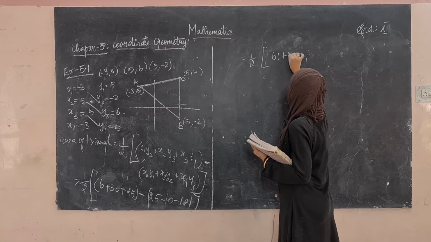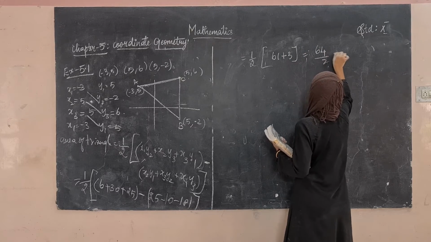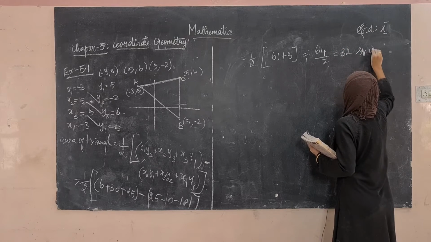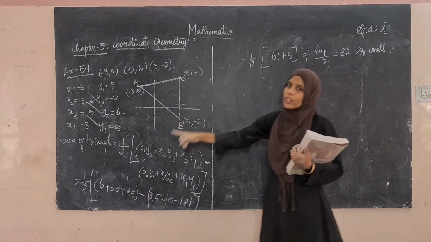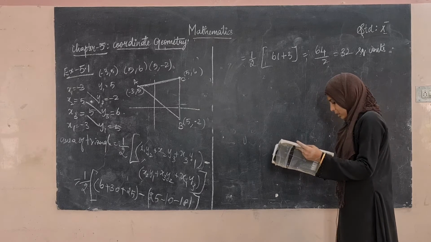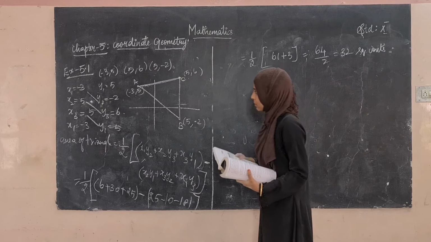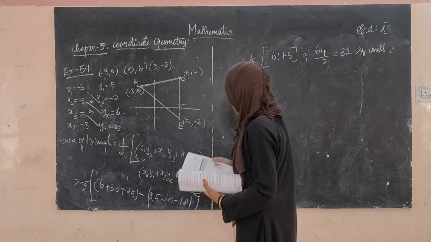Minus of minus 3 is plus 3, which is equal to 64 divided by 2 is equal to 32 square units. Okay, you have to write the units here. Since we are finding the area of the triangle, it should be square units.